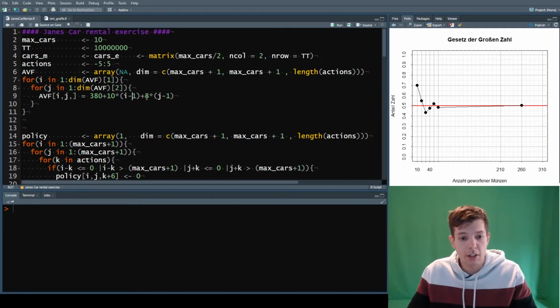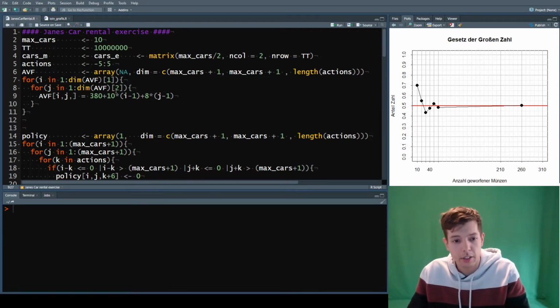So a car in the second location is obviously worth a little less than a car in the first location. So that's the reason why the action value function is initialized as this in here.